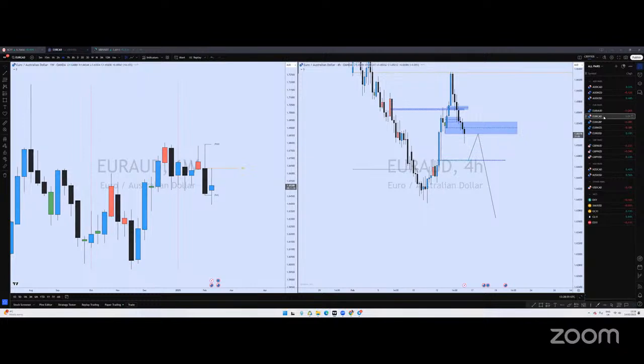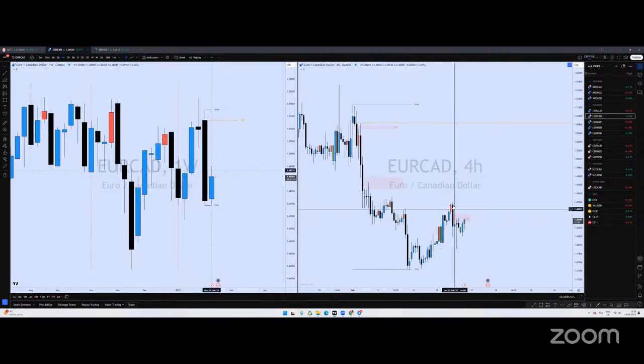Euro CAD also rejected nicely yesterday. Got almost close to where our stop loss was, which was up here. I'm expecting this gap to hold, and then we go lower. So as long as this gap holds, I'll be expecting lower prices on the card.